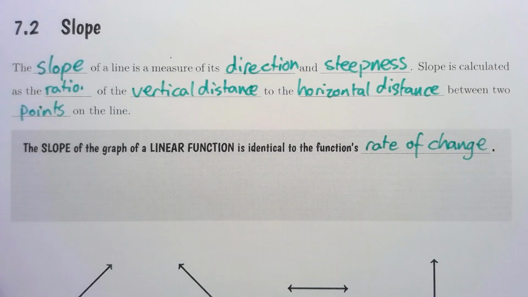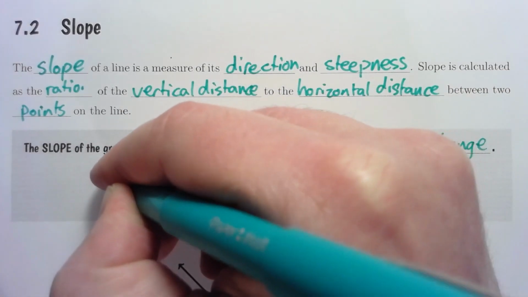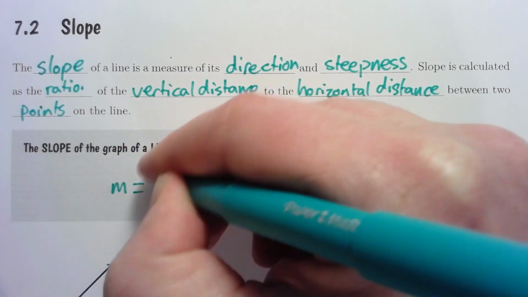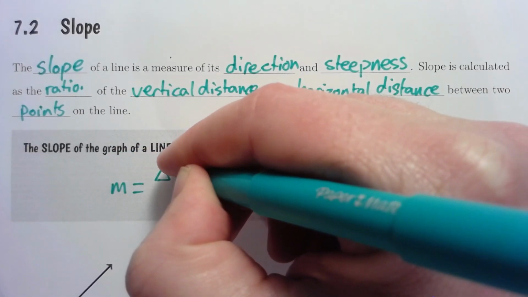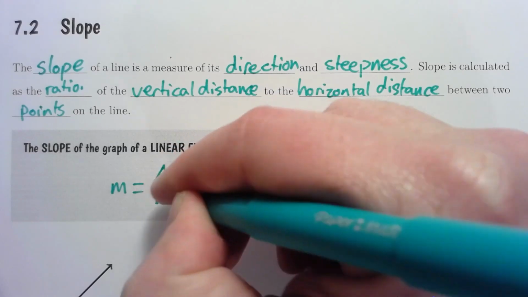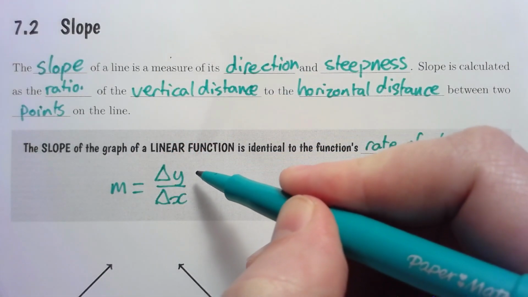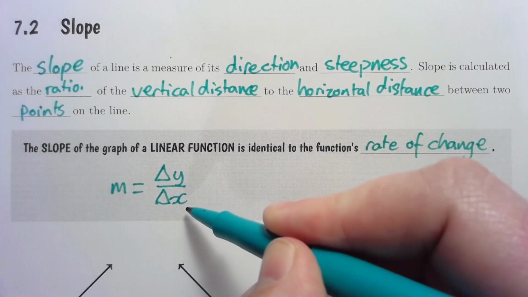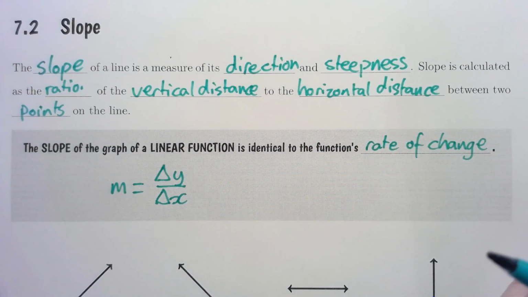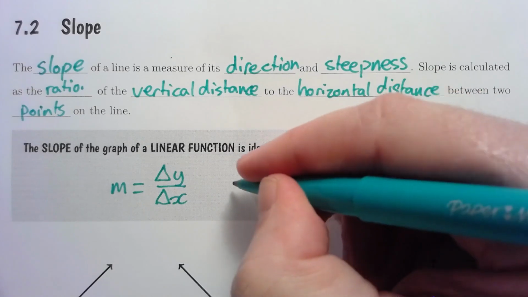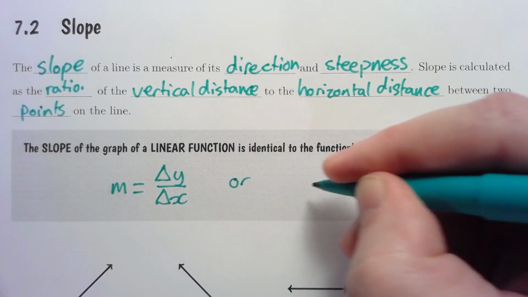So if we want a formula for slope, it's a formula we're already familiar with. m is equal to delta y over delta x. But this time we can think of delta y as being vertical distance and delta x as being horizontal distance. Now don't forget, we can write this in another form as well.